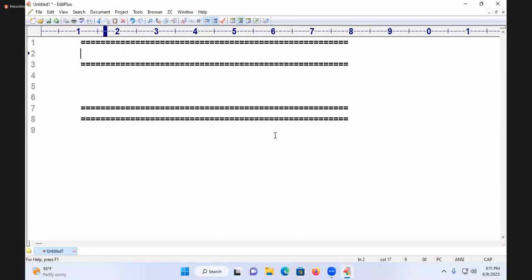One is matrix operations, or we can also call it arithmetic operations on ND array. This is one thing we are talking about.